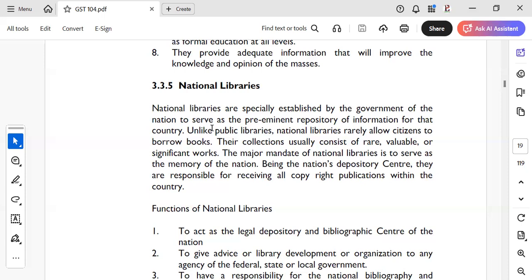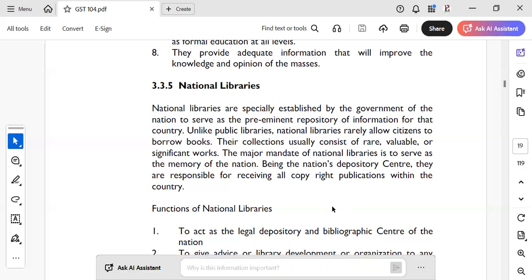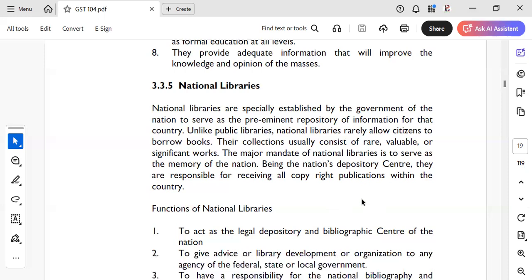Their collections usually consist of rare, valuable, or significant works. The major mandate of national libraries is to serve as the memory of the nation, being the nation's depository center. They are responsible for receiving all copyright publications within the country.